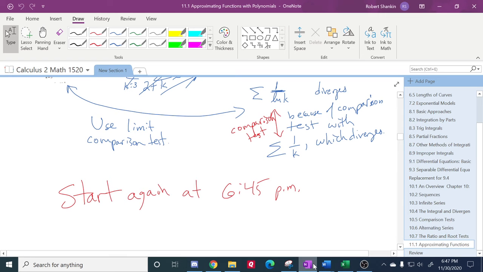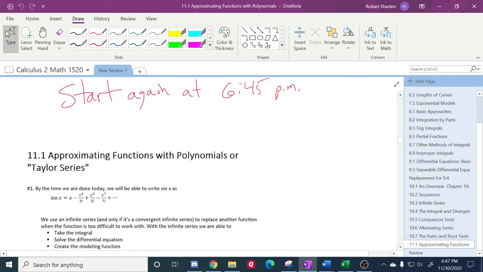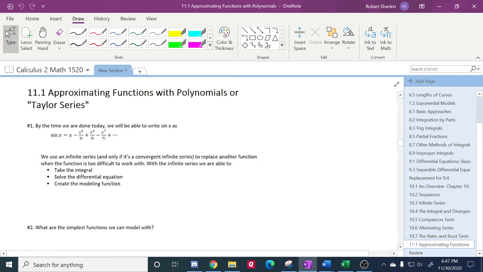Okay, we shall start again. And we're going to 11.1, approximating functions with polynomials. And an alternate title could have been Taylor series.